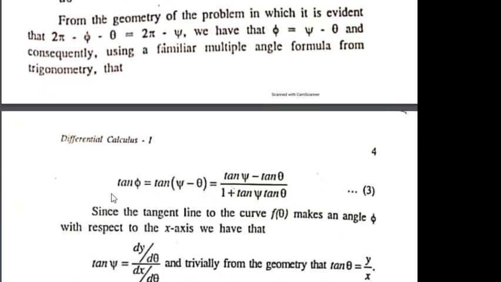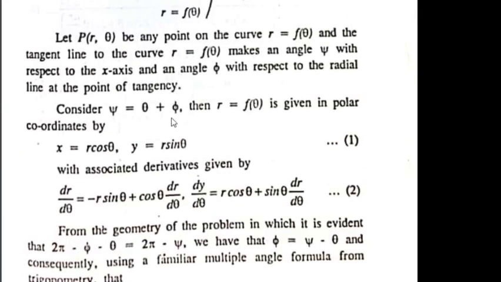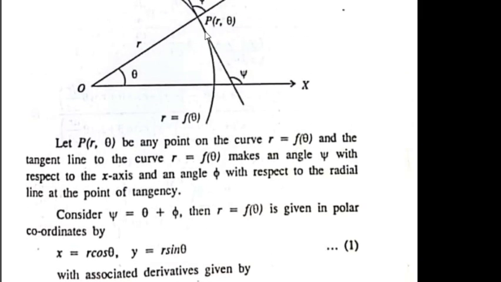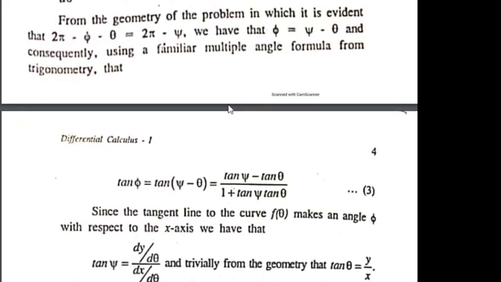After obtaining this, next we know from the trigonometric identities that tan phi is equal to tan of psi minus theta, because psi is equal to theta plus phi. From this equation we calculate phi, so phi is equal to psi minus theta. Phi is the angle between the radius vector and the tangent, and that is what we have to find, the expression for phi.